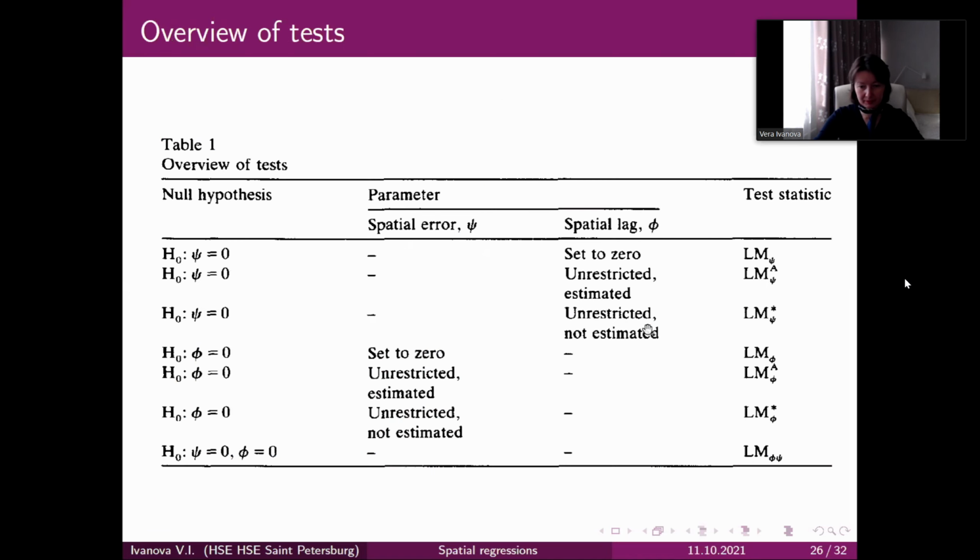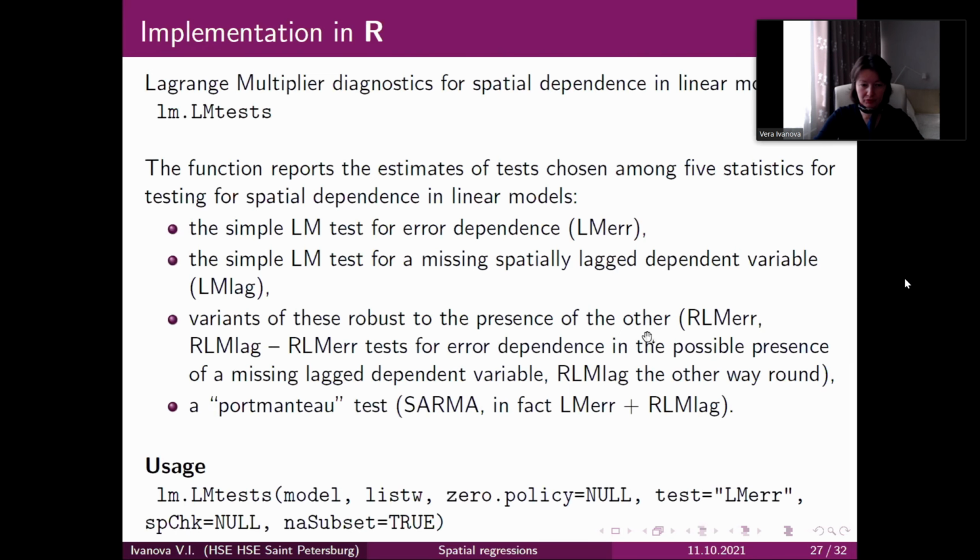I will skip this part because we don't have enough time to cover it. I will just show you the practical issue for us, how to use this in our Lagrange multiplier diagnostic tests.